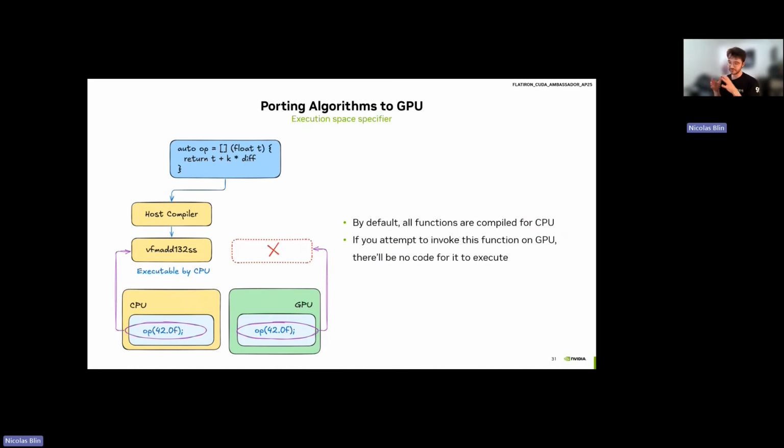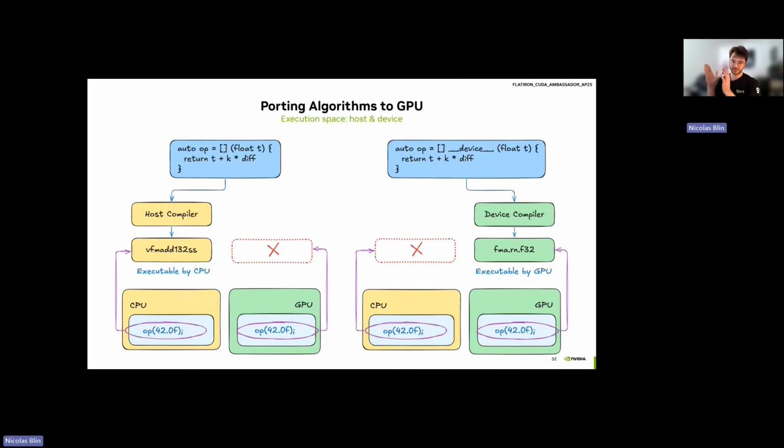We want it to be executed on the GPU. As we said, if we want code to be executed on the GPU, we need the compiler to emit instructions that can be executed on the GPU. So we need to tell the compiler, hey, this code will be executed on the GPU, so please generate GPU instructions, because by default, it will not generate instructions for the GPU.